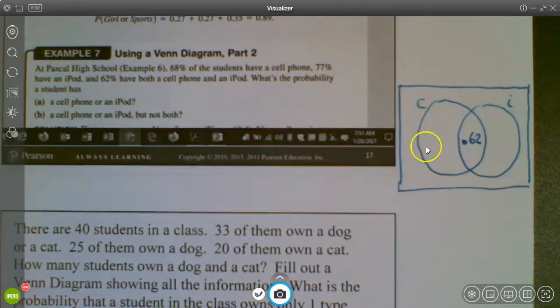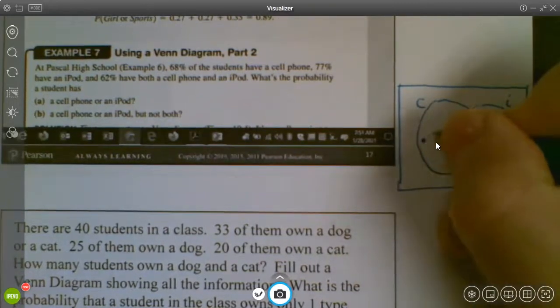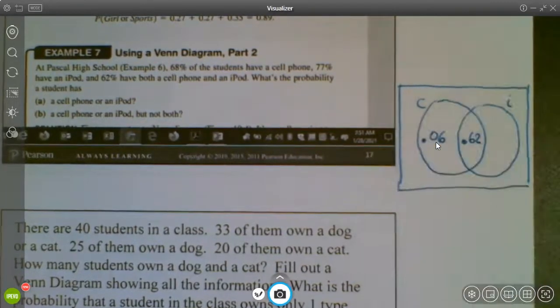So how much are we left with for the cell phone only crowd? It needs to total 68%, so if we've already put in 62%, then I have a remaining 6% of students who are cell phone only. Remember what this represents: people who have a cell phone and do not have the iPod.